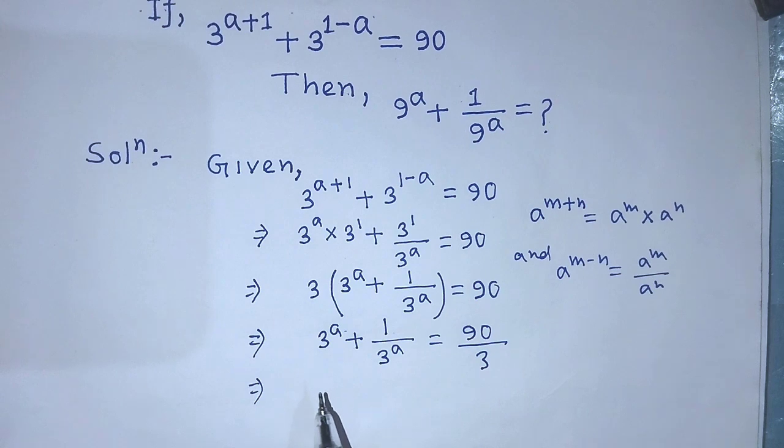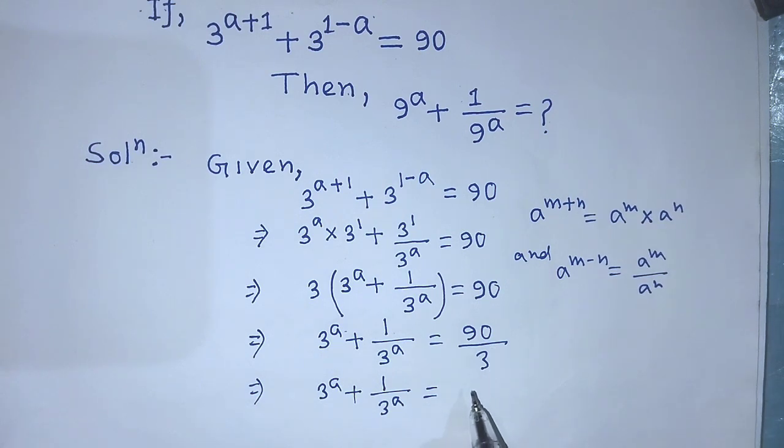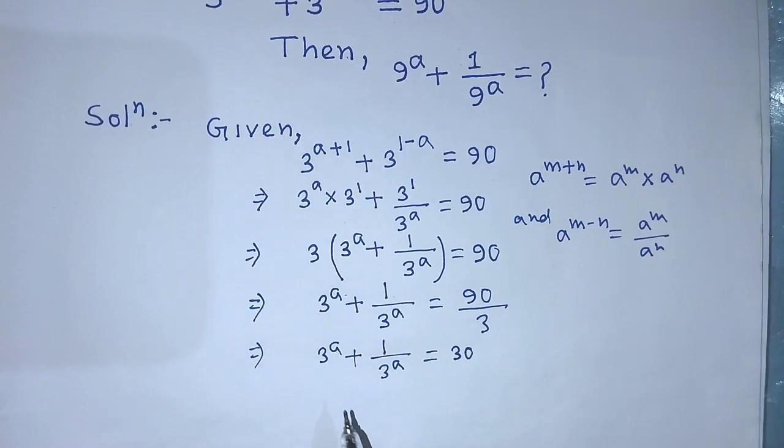On the right hand side, if you divide 90 by 3 then you get 30. So student, it is clear that the value of 3 to the power a plus 1 over 3 to the power a is equal to 30.